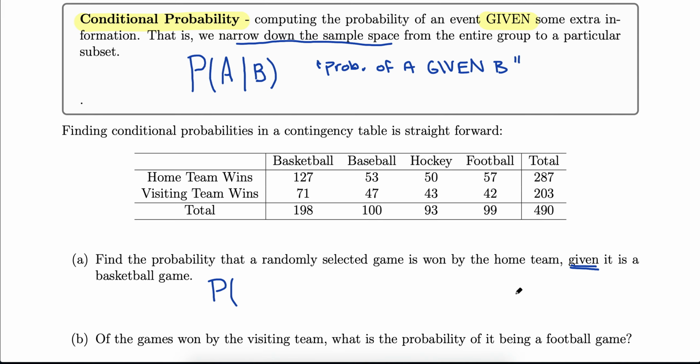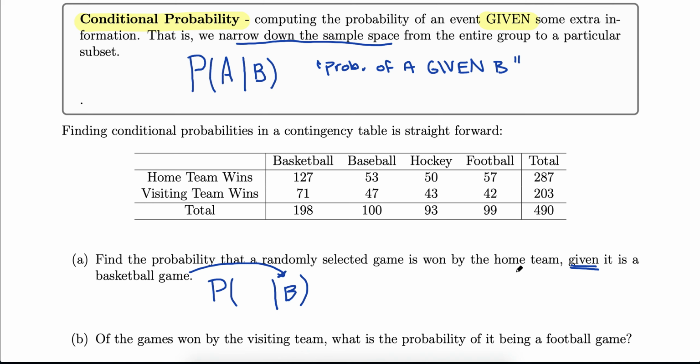So we're given some extra information. We're given the information that we're only looking at basketball games. So I'm going to use that vertical line because I've given information. And after the line, I'm going to put a B because my given information is that we're talking about a basketball game. So given info always goes after the line.